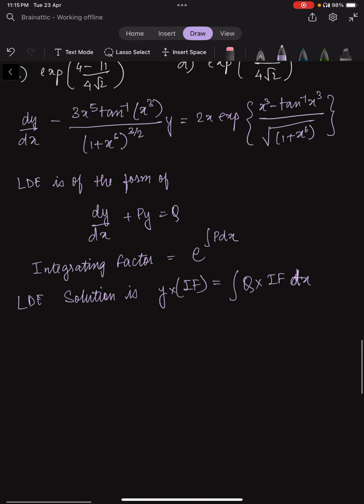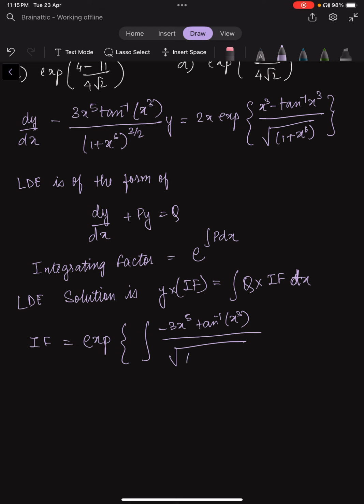So we'll solve for the integrating factor, which is e power, or maybe we'll write exponential, and within this we'll write minus 3x power 5 tan inverse x cube, whole divided by (1 plus x power 6) power 3 by 2, dx, and we close the bracket.